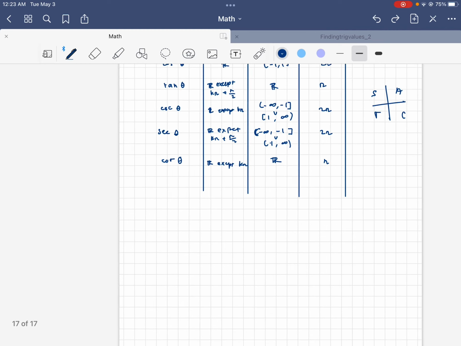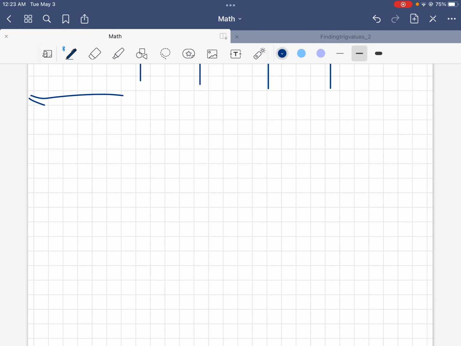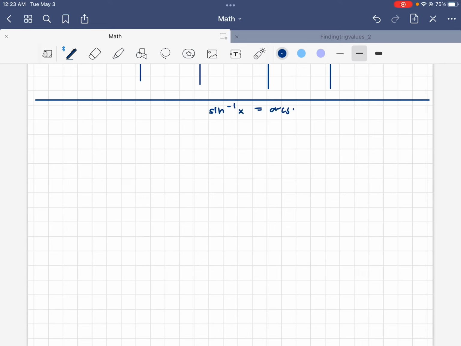But let's do another one for the inverses. So when something says sine inverse x, it's the same as arcsine x. I'm just gonna write sine inverse for now.